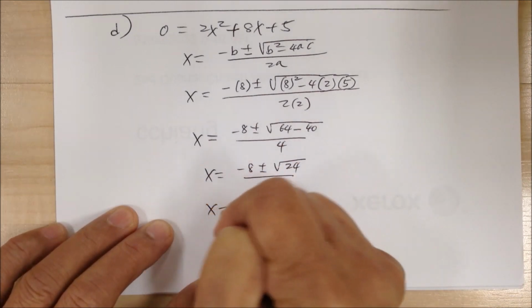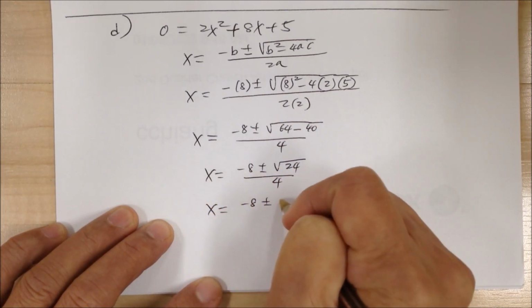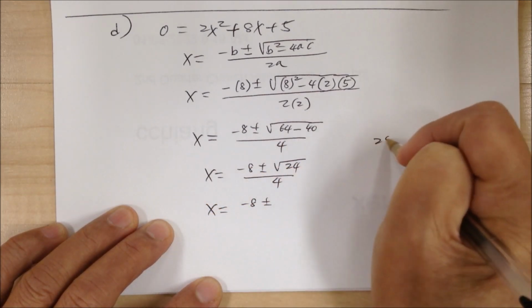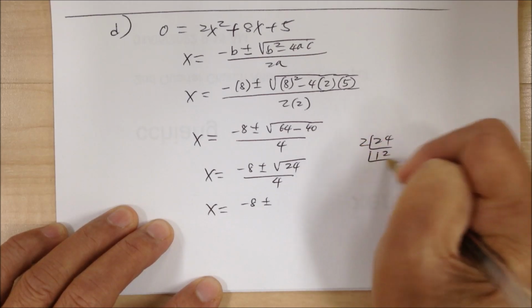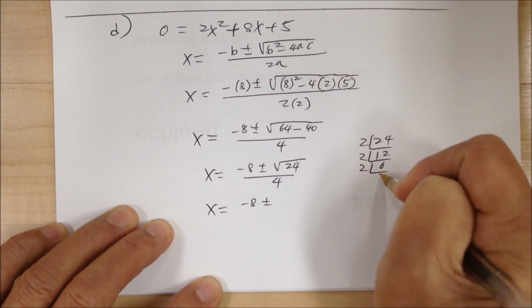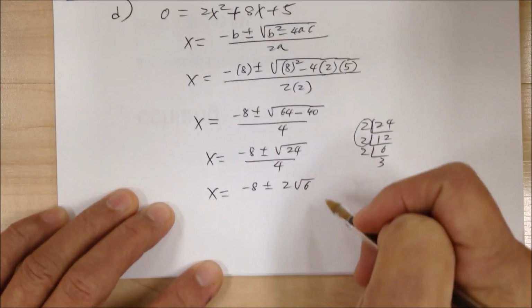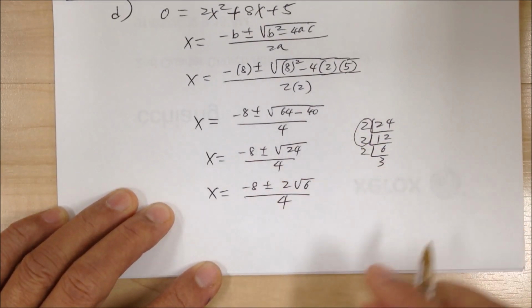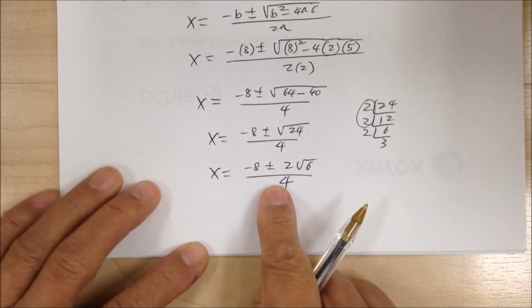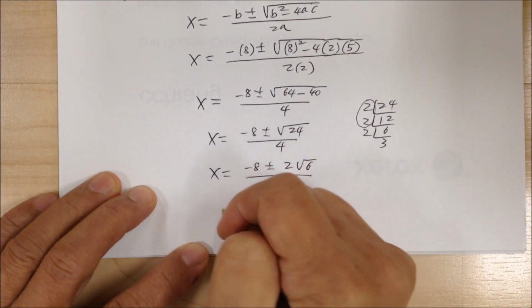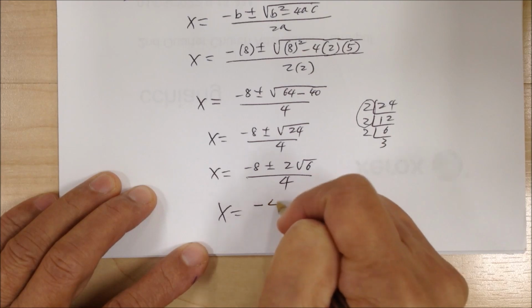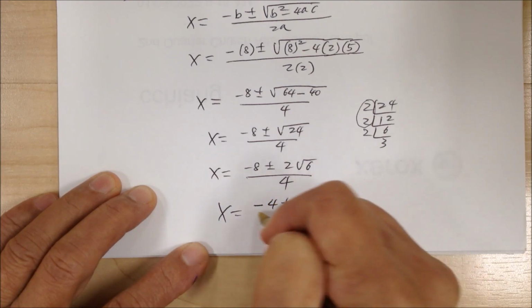So keep simplifying. Negative 8 plus or minus the square root of 24. If you go off to the side, you're just going to break it down. And so this comes out, so it'd be 2 square root of 6 over 4. And these are reducible, dividing by 2. So you get x equals negative 4 plus or minus the square root of 6 over 2.